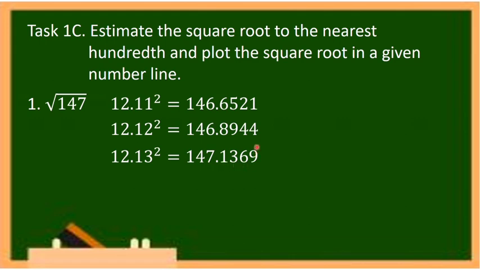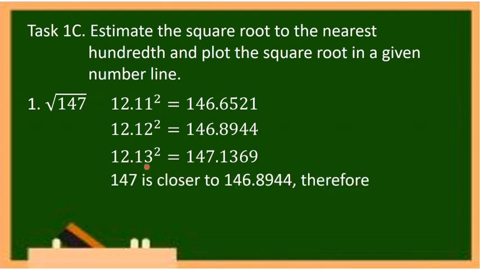So we can now find two decimal numbers to the nearest hundredths wherein 147 is between these two. Okay, so we choose 12.12 and 12.13. Now, 147 is closer to 146.8944, or 8,944 ten thousandths. So therefore, the approximate square root of 147 to the nearest hundredth is 12.12.